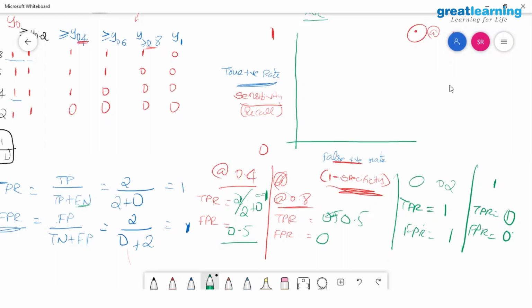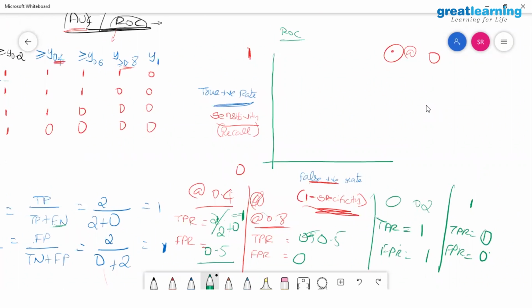If you have to plot it on this plot, what happens for the threshold at 0.2? Same 1, 1. It is going to be the same. Okay, what happens for 0.4? 1, 0.5. So this is 0.5 over here. Here is the threshold of 0.4.